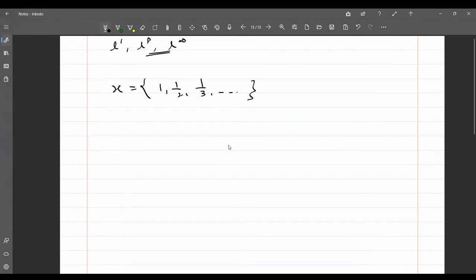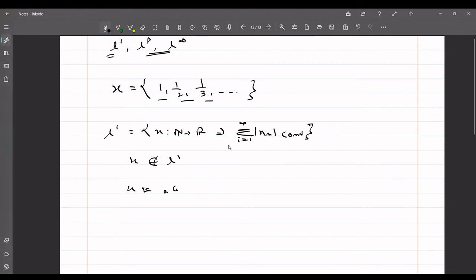Now what is L1? L1 is the set of all those sequences such that summation i equals 1 to infinity mod of xn converges. But we know already that this series does not converge, so we can say that x does not belong to L1.